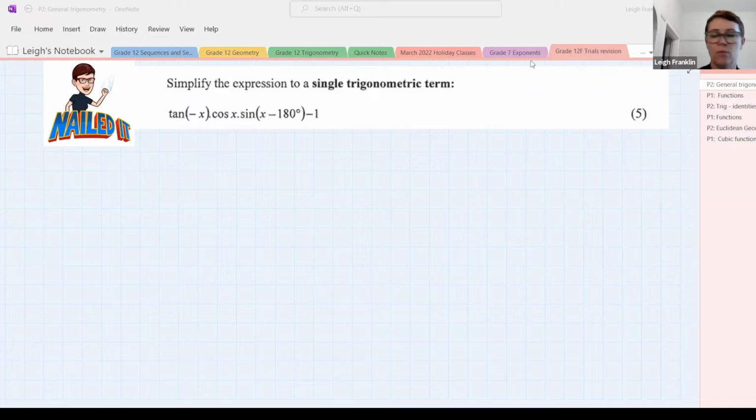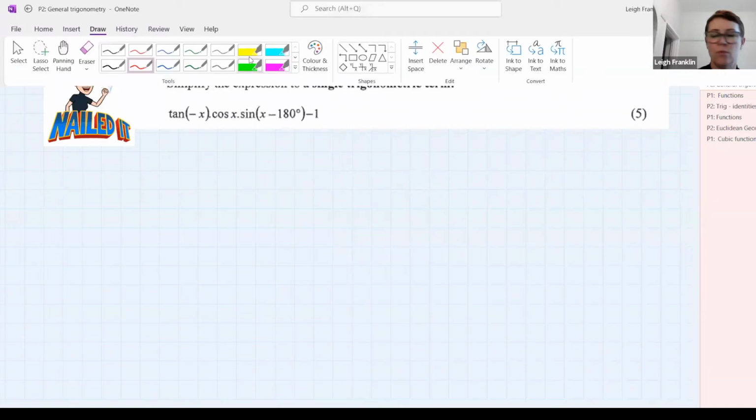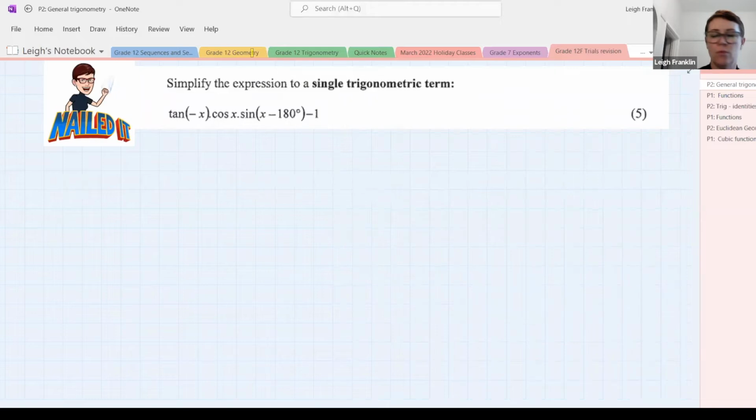When it says a single trigonometric term, you shouldn't be getting a number. You should be getting a sine theta or a cos 2 theta or a tan 3 theta or whatever the case is. But a single trigonometric term is not a number.